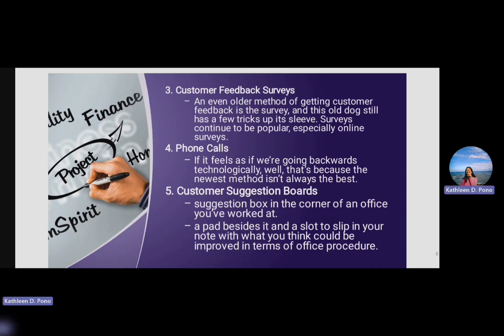The last one is the customer suggestion box or boards. I mean, you've probably seen a suggestion box in the corner of an office you've worked at, with a pad beside it and a slot to slip in your note with what you think could be improved in terms of office procedures.